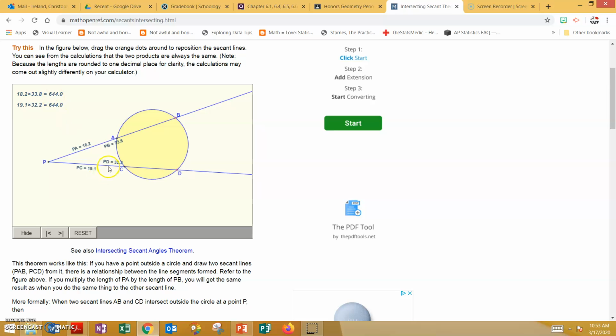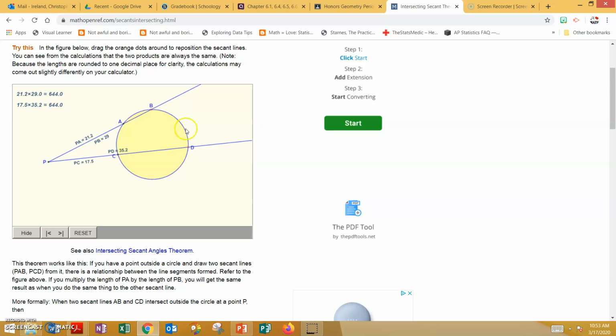Now, if you look at the other secant segment, and you look at just the external portion, PC, and multiply that by PD, the entire secant segment, that product is also equal to 644. And that happens however these secant segments are moved around.